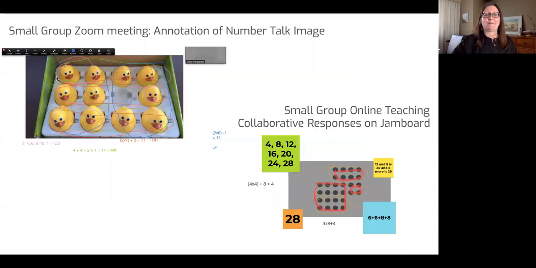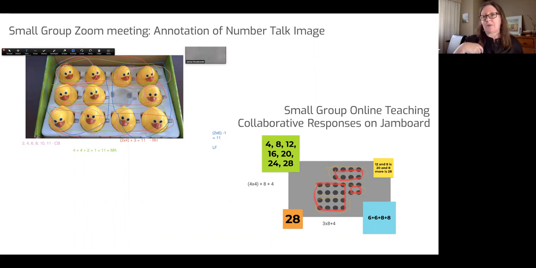Go ahead, Mark. I've been doing all virtual teaching this year with K through 7 students in our district who are learning from home. These are just some examples from small group instruction that I've done. At the top left, this was with a group of grade 2-3 students. I used the duck image and did the annotation.